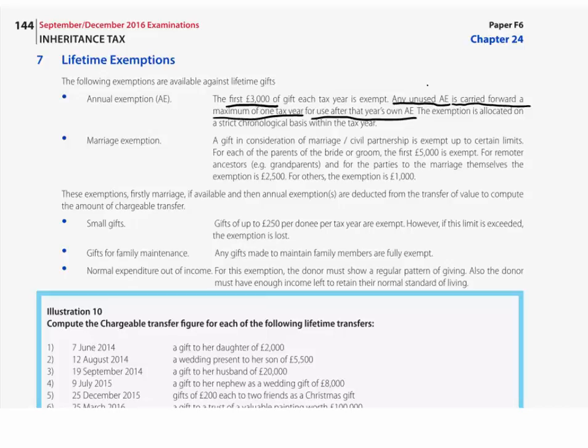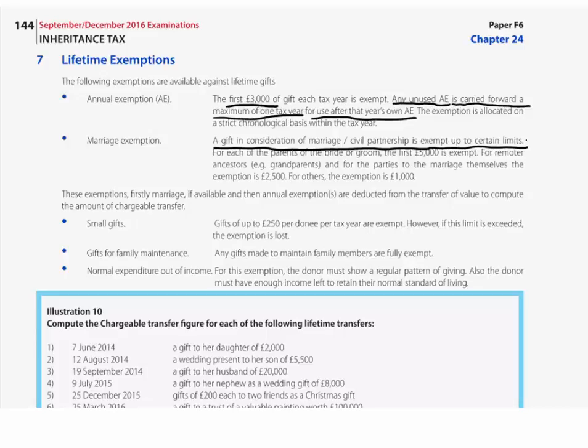Next exemption, marriage exemption. Now, this is another one where there's a finite figure. There is a level of marriage exemption. Now, to begin with, it might sound odd because you remember that transfers between spouses or civil partners are exempt. What we're looking at now is a gift in consideration of marriage or civil partnership, which is exempt up to certain limits.